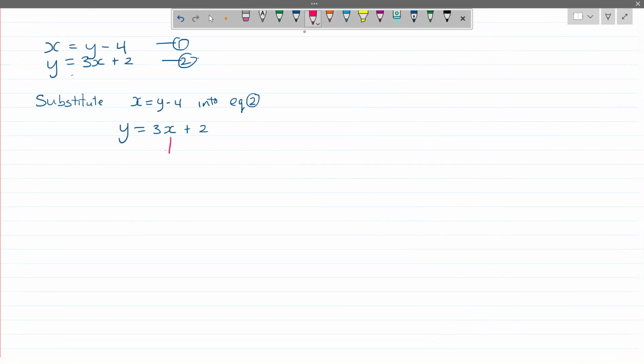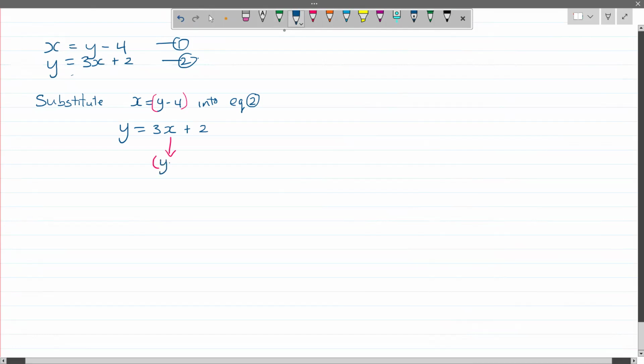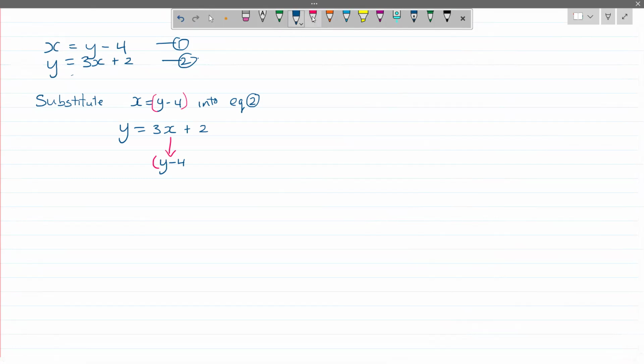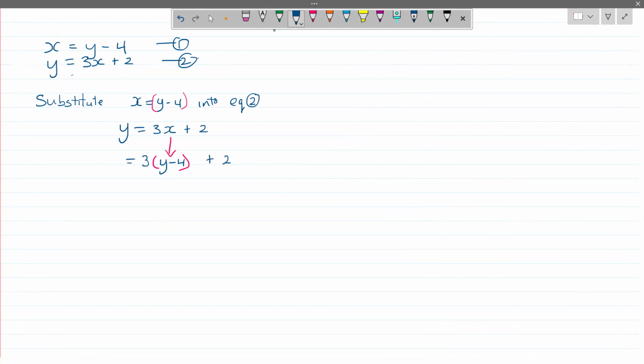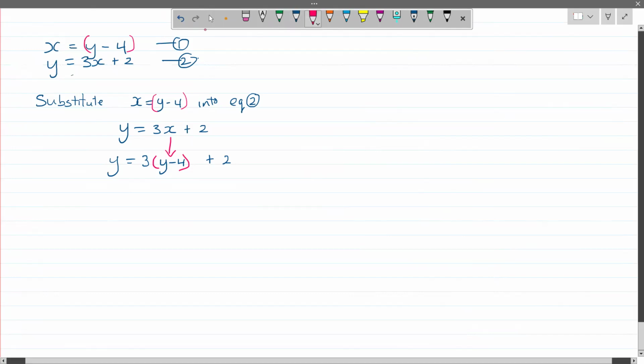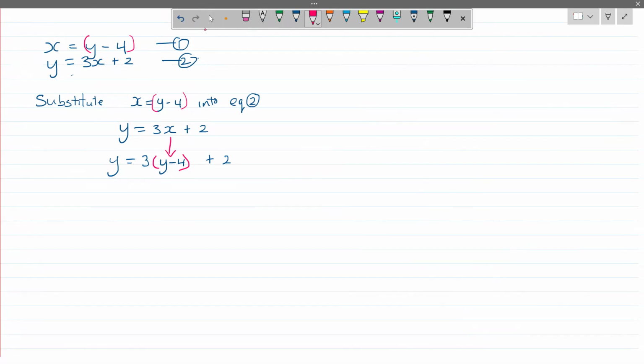And I will replace this x with y minus 4. So you see, we're not replacing the letters with numbers, but rather an entire expression. So this x is being replaced with the y minus 4 because we just said x is equal to y minus 4. So everybody understand that?